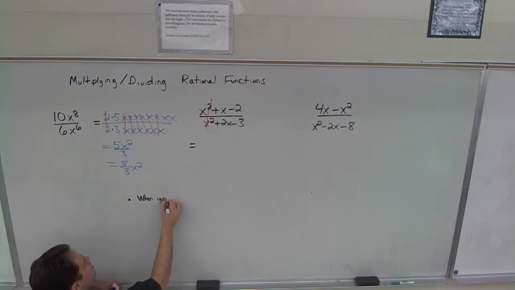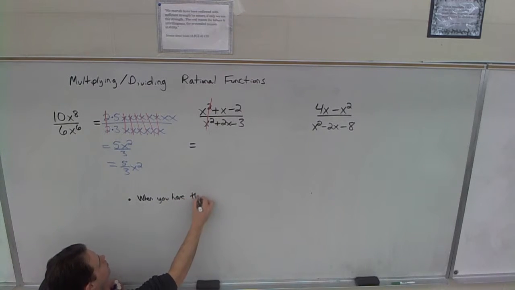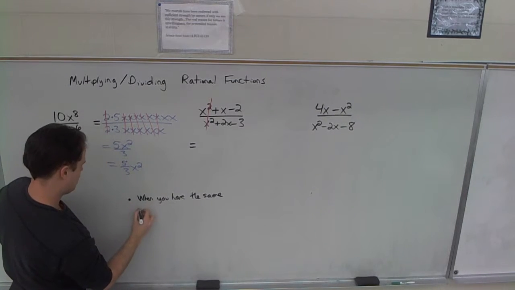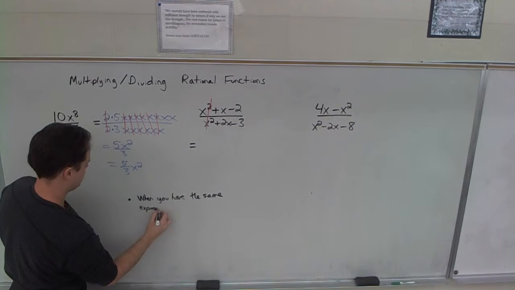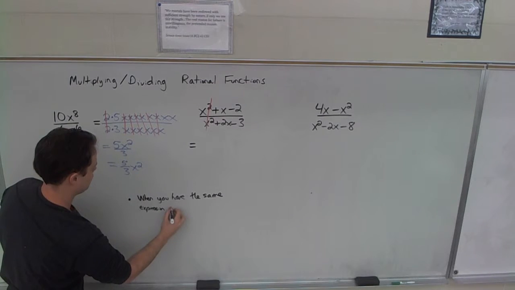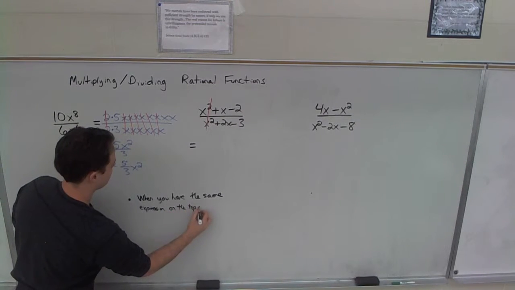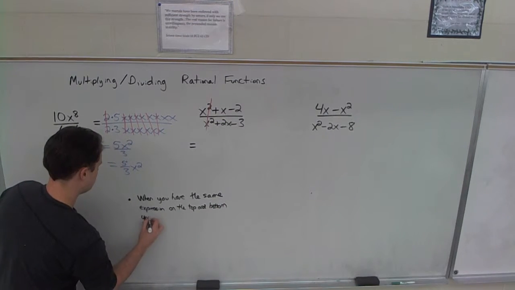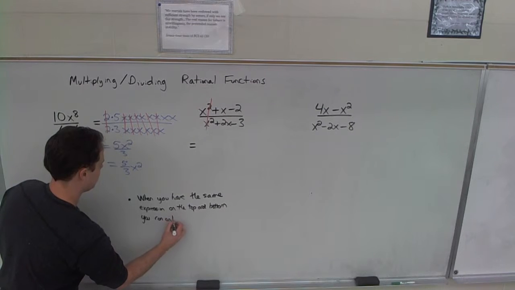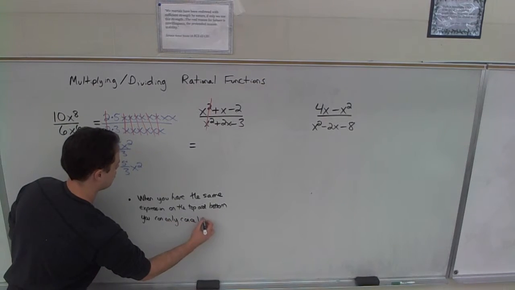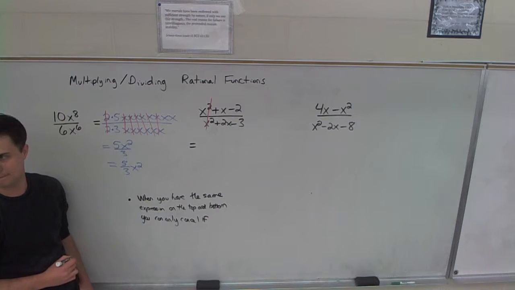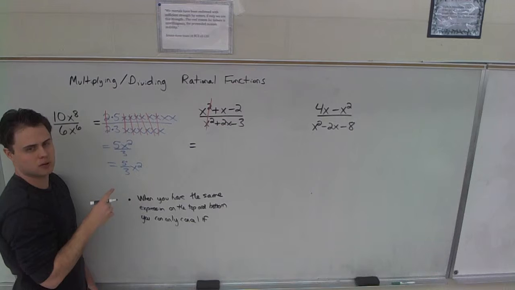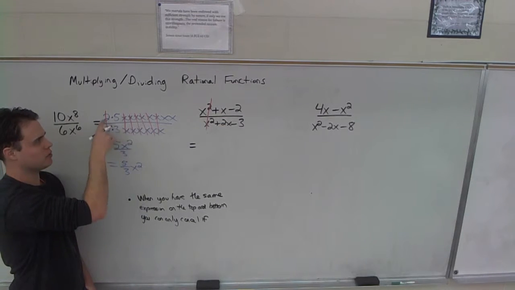I think it's that when you have the same expression, same thing, however you want to write it, on the top and bottom of a fraction, you can only cancel if what? If it's 1, well, that's 1. The problem is, though, here we were doing what with each of the pieces?